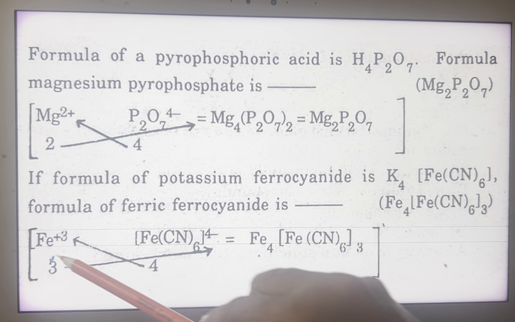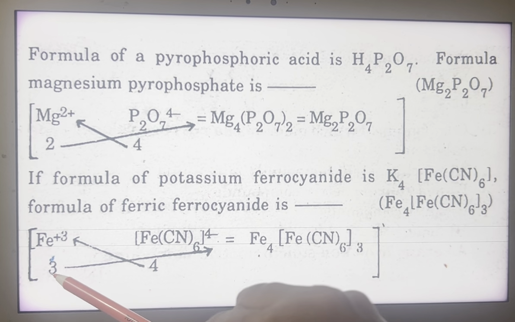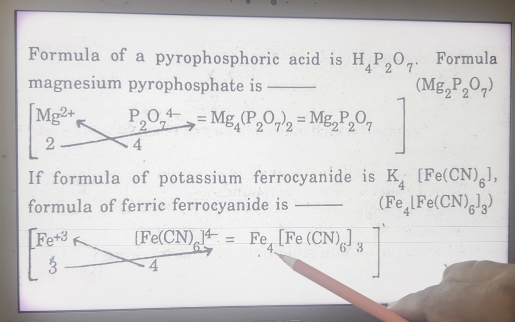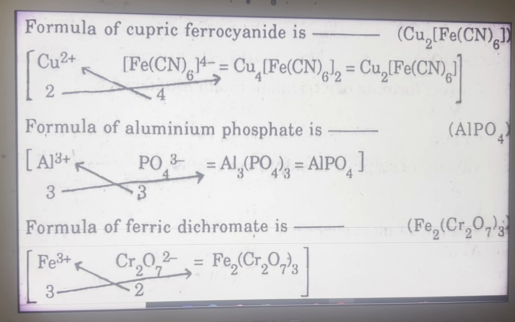Crisscrossing, 4 is written here, 3 is written under this complex ion. Fe4[Fe(CN)6]3 is called ferric ferrocyanide, a brown ring, you can say. The formula is Fe4[Fe(CN)6]3. These are coming in the EAMCET like that.